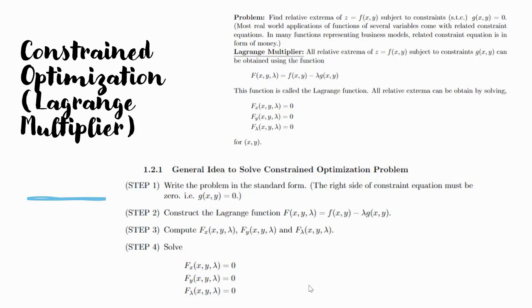But if it's greater than your closer point, then it's a relative maximum. So you want to check every single point that you get from the system of equations by finding a closer point and seeing whether it's a relative minimum or maximum. And you also want to make sure that it satisfies the constraint.